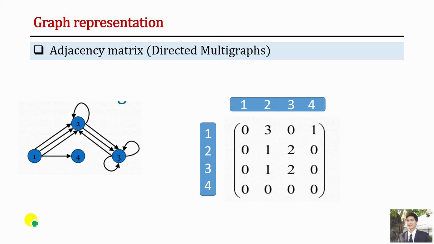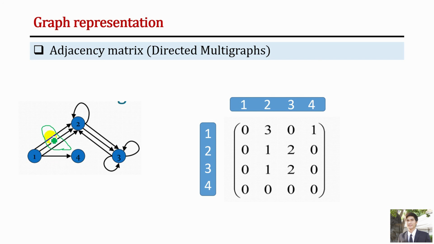And for the adjacency matrix here, we also apply it to the directed multigraph. As we have discussed, a multigraph refers to a graph that has multiple edges, more than one. For example, from vertex 1 to vertex 2, there are 3 edges. And in some cases, when we put weights, we may have different weights.